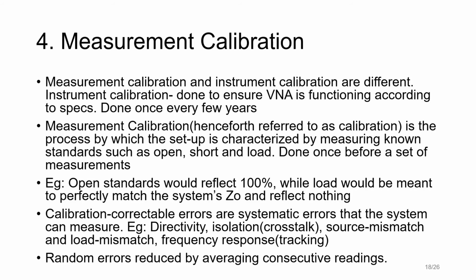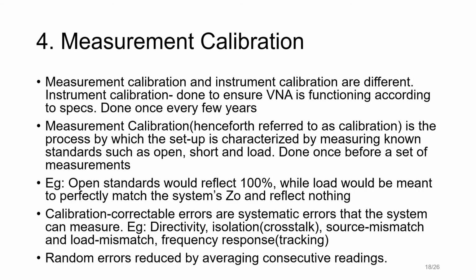The third type of error that I mentioned is source mismatch. The wave reflected by the DUT is reflected at the source port once again. So the wave that is incident upon the load, some part of it gets reflected, and because of an improper match or a mismatch at the port, some part of it may get reflected once again.